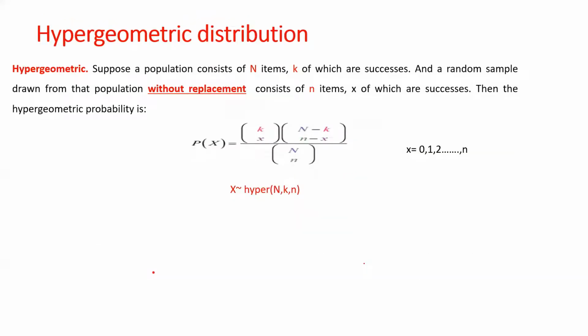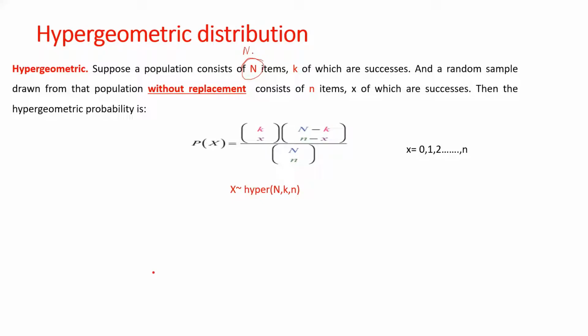Let's explain hypergeometric distributions. For example, if we have a population of size N capital, out of this N we have K number of successes.